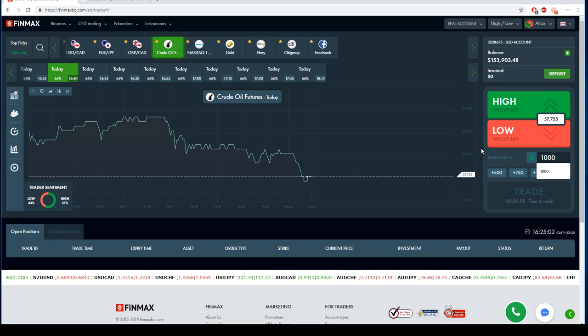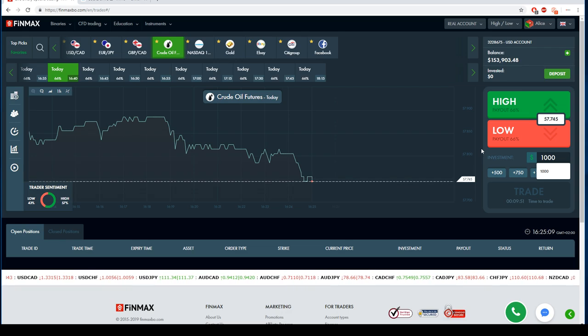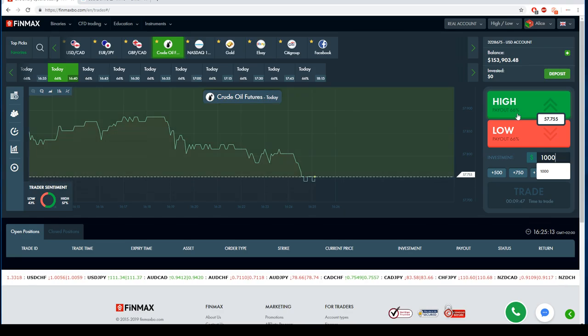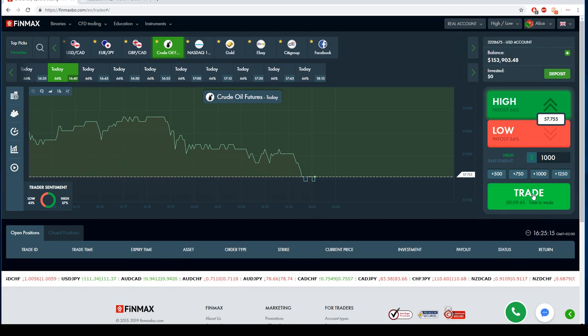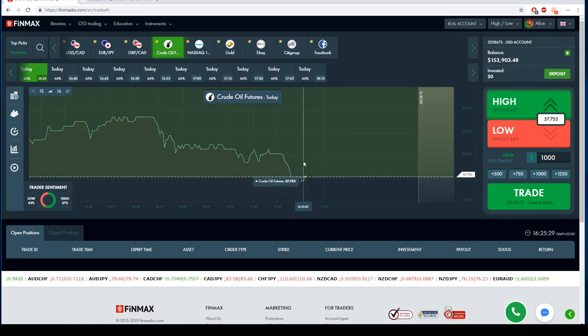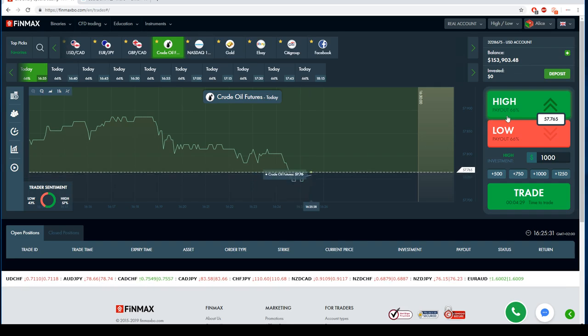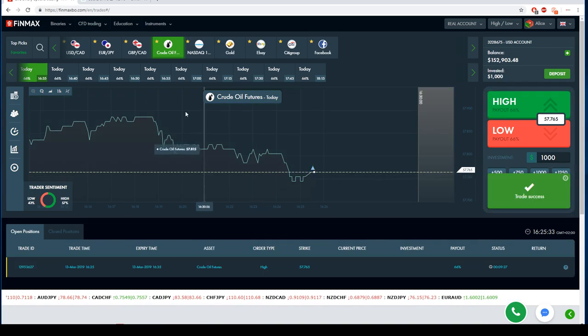It may cause oil to drop despite rising several minutes before. As I'm planning to trade for high, I'm going to place it now with a 5 minutes delay. Be attentive, because as you see, the expiry has changed. If I would open, I would have a trade which lasts 5 minutes more than I wanted. So I got back to 35 minutes and place the trade.